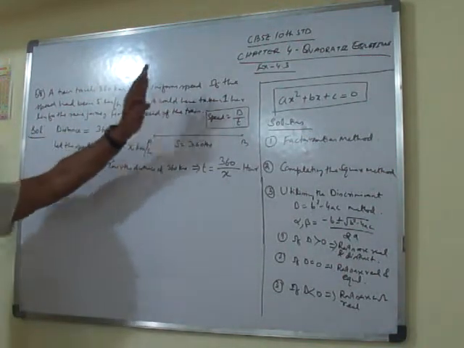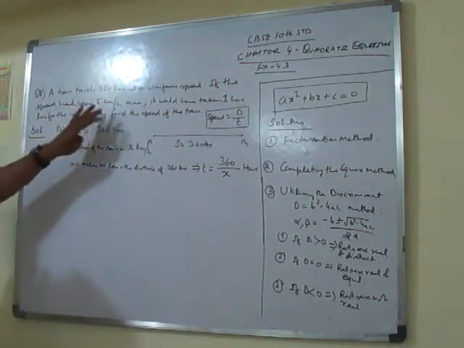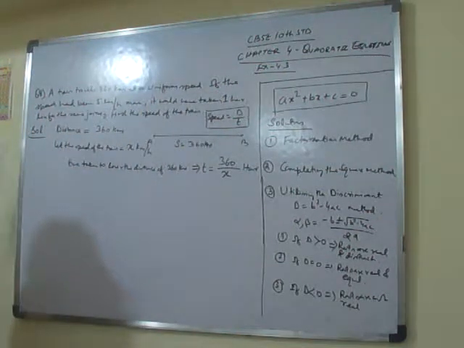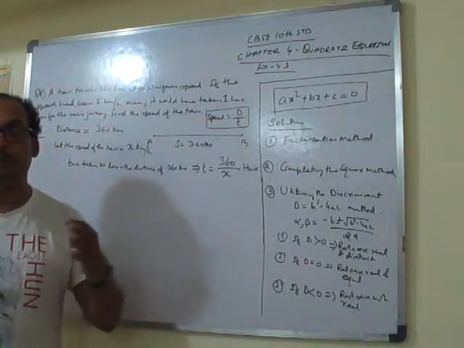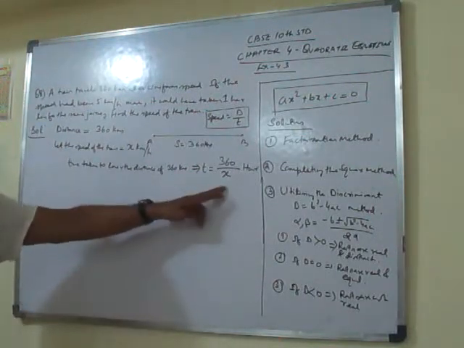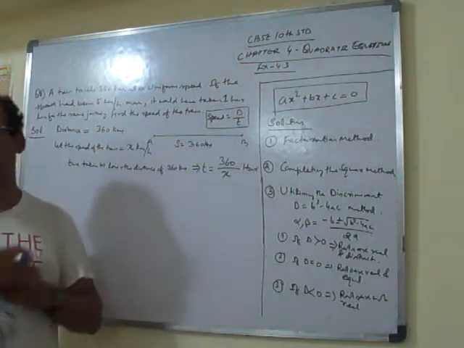Then the second case: if the speed had been 5 kilometer per hour more. Earlier it was x, so now it is x plus 5 kilometer per hour.